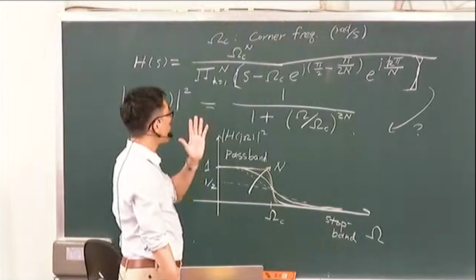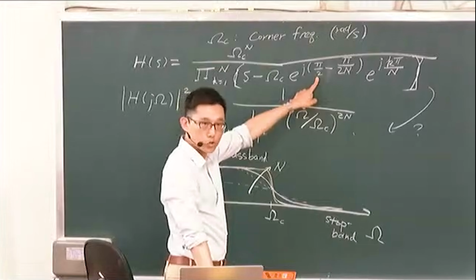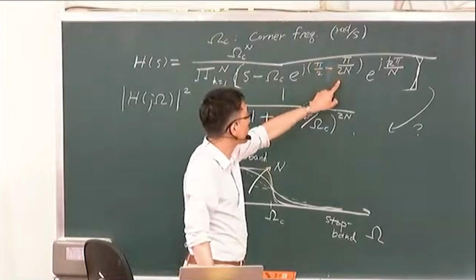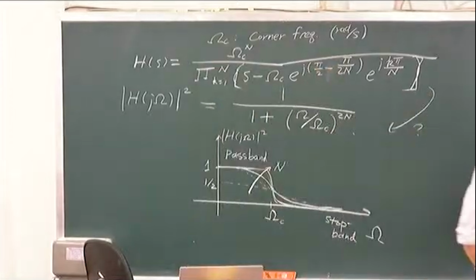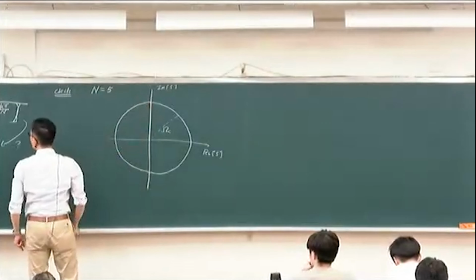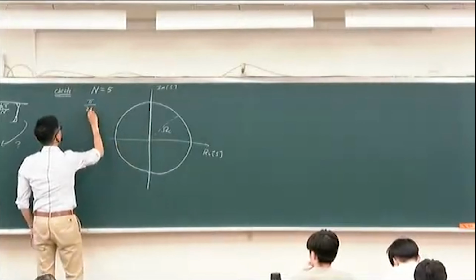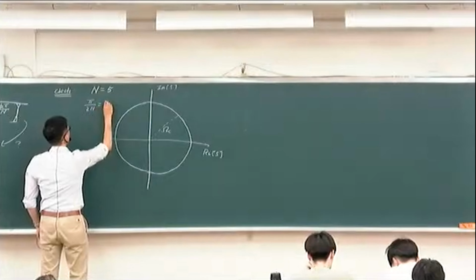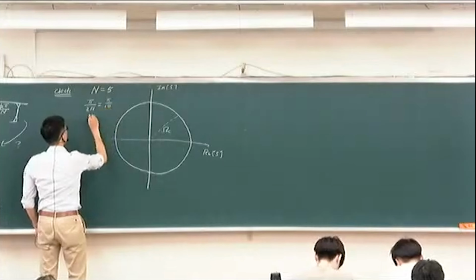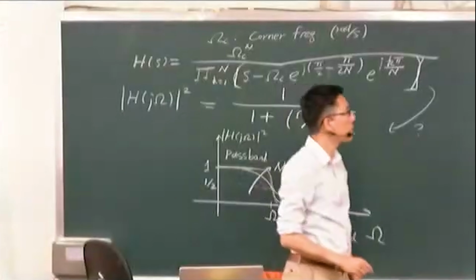If you take a look, this is pi divided by 2, 90 degrees right here, minus an offset, pi divided by 2n. So we know this angle is pi divided by 2 minus pi divided by 2n. So pi divided by 2n, that's what? Pi over 10. So that's 18 degrees.